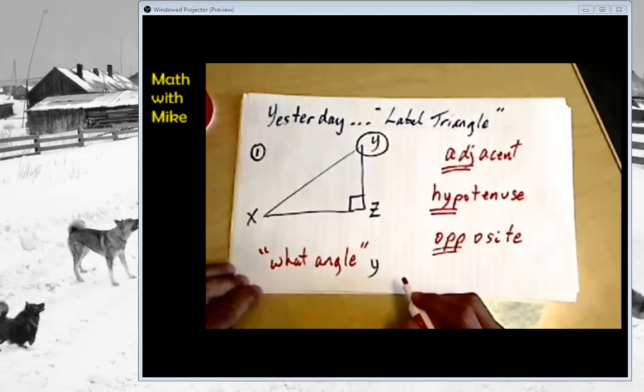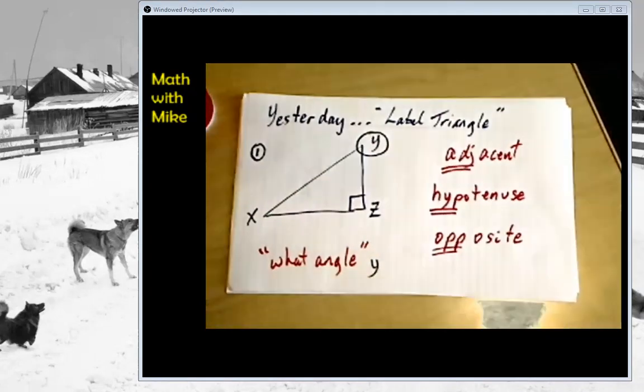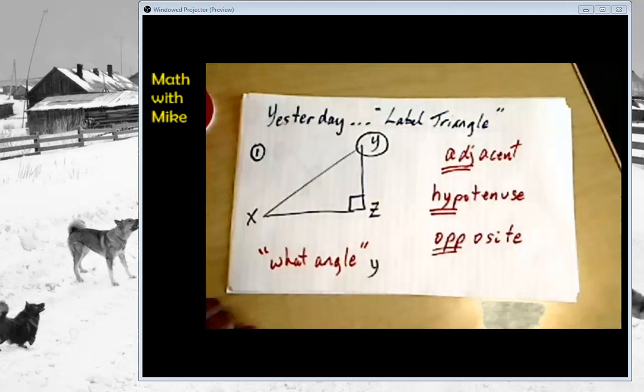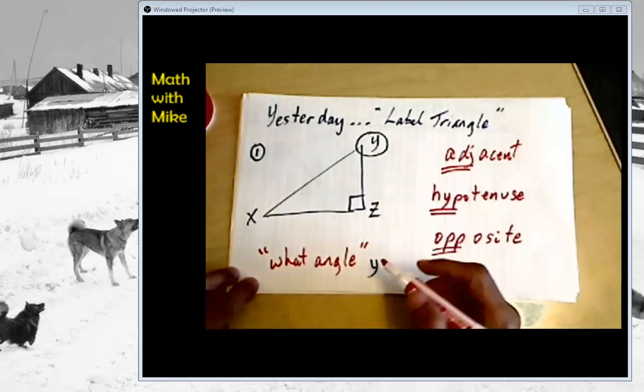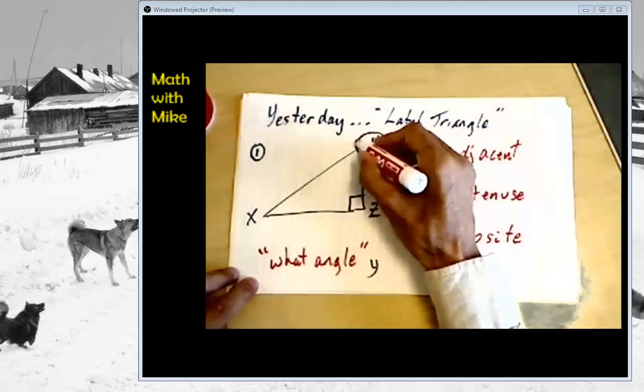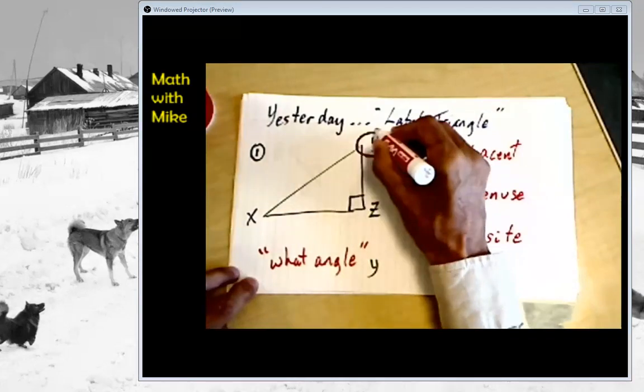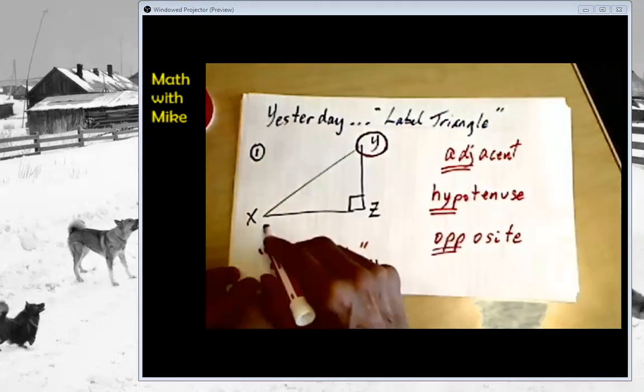It helps even though it's kid-like in a way. Okay, so where do these 1, 2, 3 sides go? Help me out. We're given this is the angle. So which side of the triangle is the adjacent side?